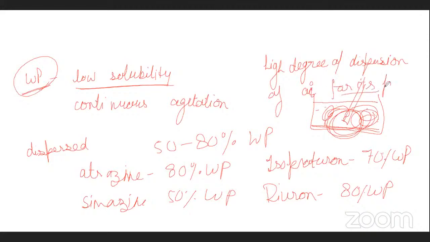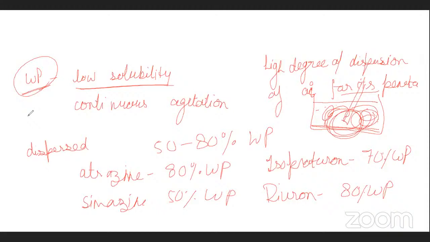And that's why we have to apply some additional things, like a diluent or surface active agents or the auxiliary material or the wetting agent, so that it will increase the retention of the chemicals on the plant surface.